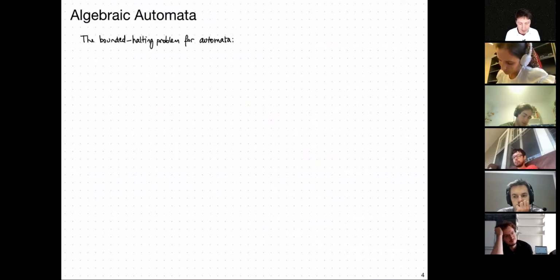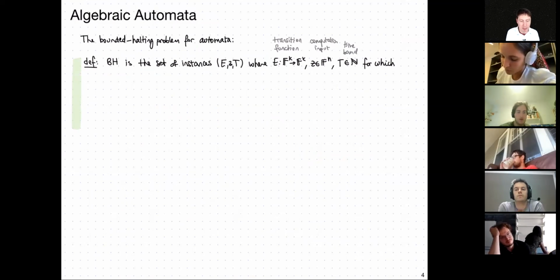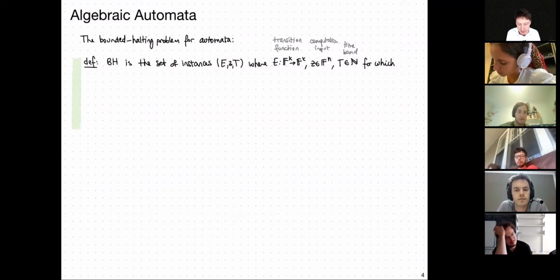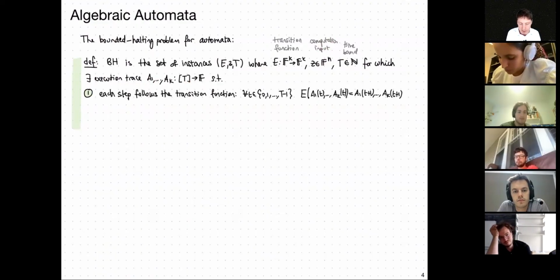So now we're going to make it a little bit more precise. We're going to define a language that captures the statement we want to prove. These types of problems for machines are typically called bounded halting problems. So BH is the set of instances E, Z, T, where E is a given transition function, Z is a computation input, and T is a time bound, for which there is an execution trace such that each step follows the transition function.